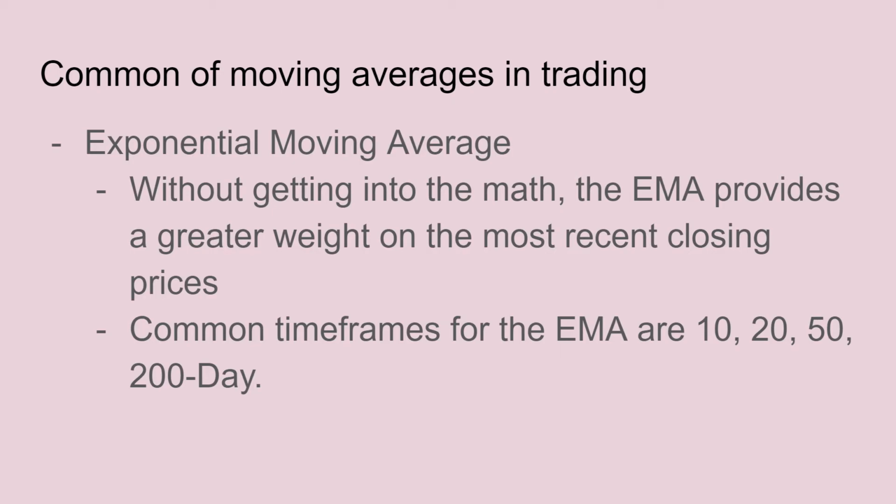For our basic understanding, an exponential moving average weighs the most recent price action more than the further back, which makes it a little bit more adaptable to current price movements. Common timeframes for an EMA are the 10, 20, 50, 100, and 200 day, or just period, whatever chart you're on.